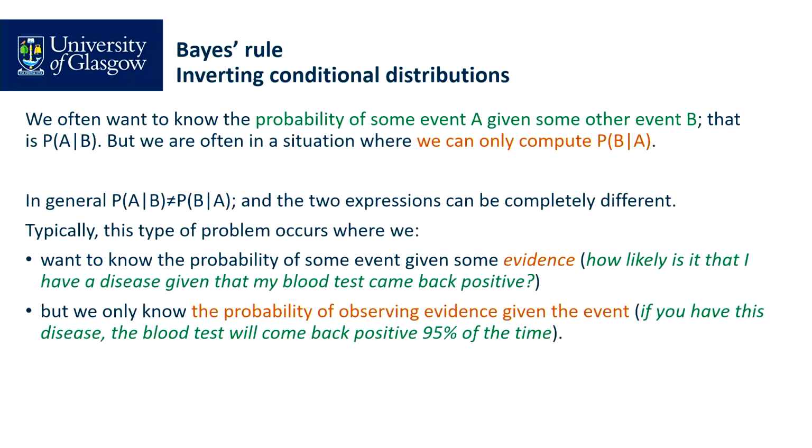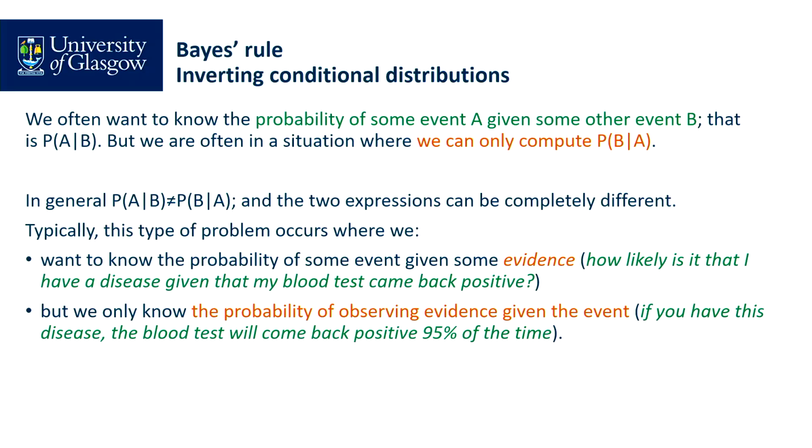Now, the first bad news is that in general, really most of the time, P of A given B is not equal to P of B given A. The two things are virtually never the same, and the two expressions can be completely different. Typically, when do these types of problems occur? When you want to know the probability of some event given some evidence.